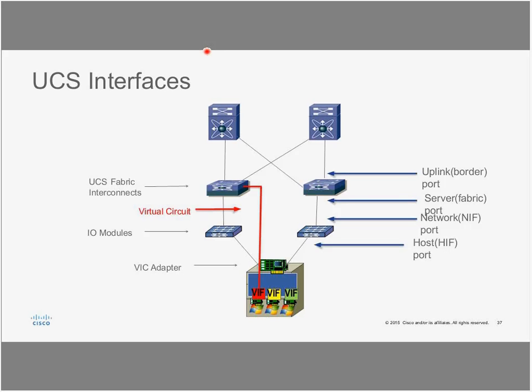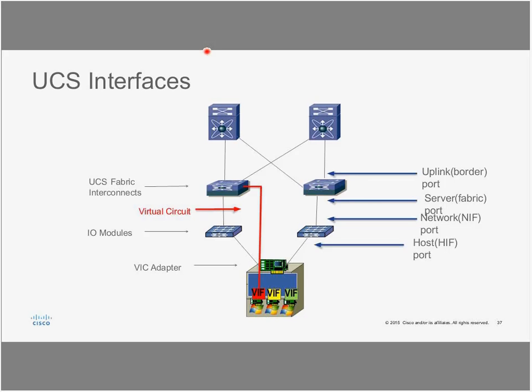At the bottom, you have your server ports. Those are also called Fabric ports. In the middle, those are your network interfaces. These are the cables that you're plugged in from the I/O modules to the Fabric Interconnect. As you can see, these are the I/O modules. This is a logical picture, so normally the I/O modules are not sitting outside of the chassis.